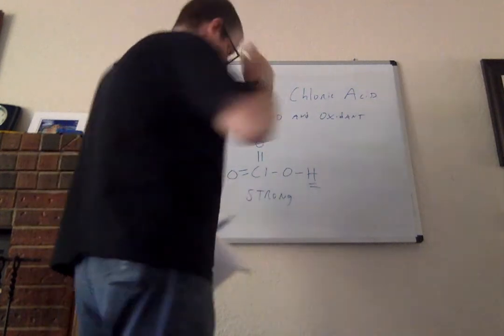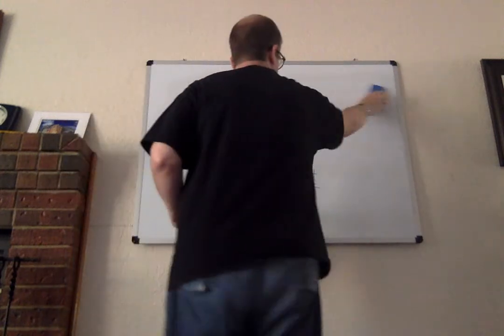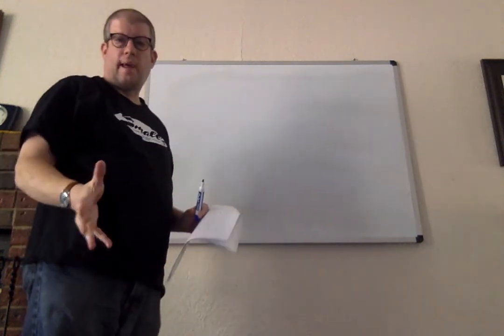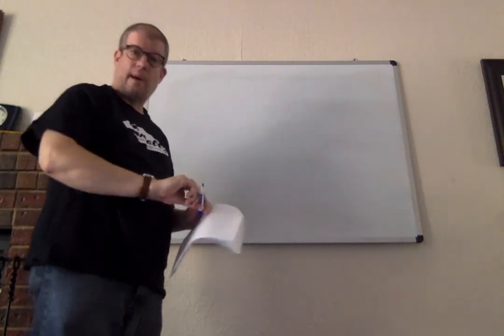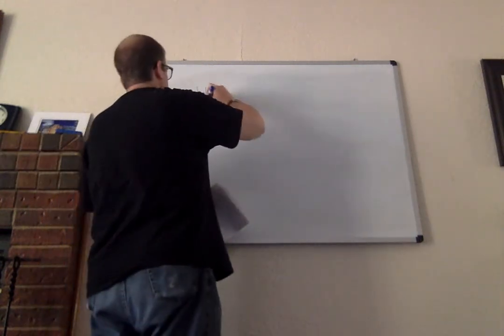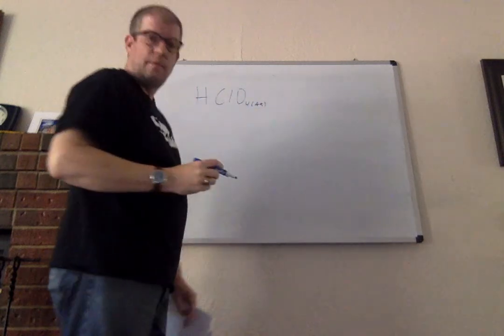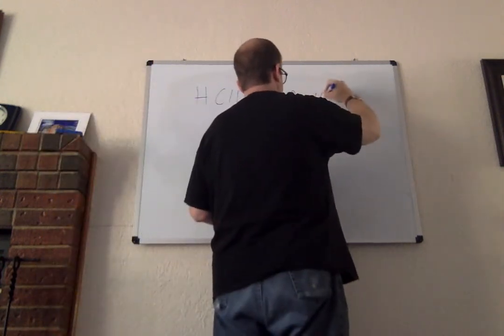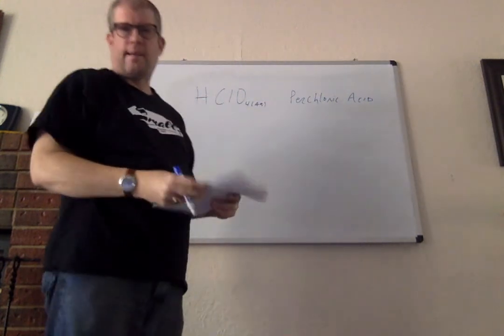And finally, last but not least, the maximum formal oxidation state you can have is the group oxidation state. So because chlorine has 7 valence electrons, this is as high as we can go, and we get this one. This is called perchloric acid.